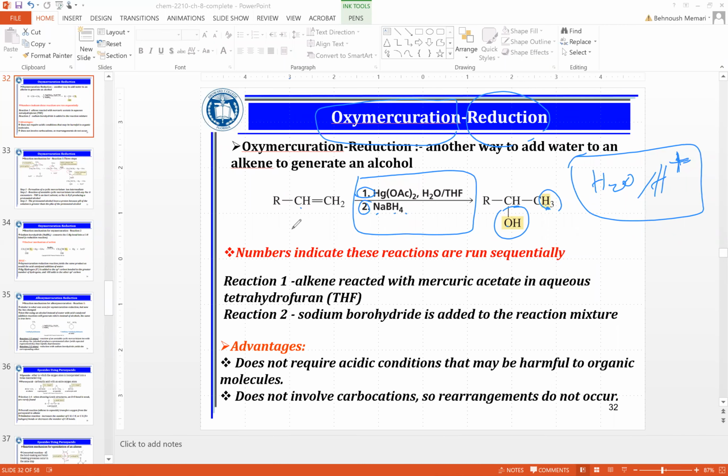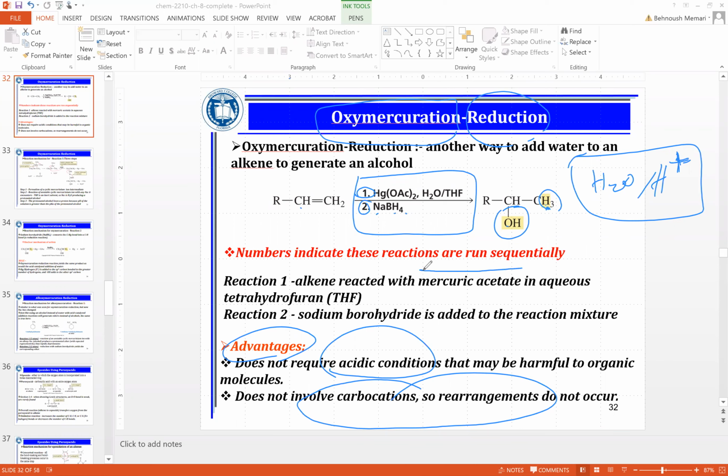So you can say it either way: more number of hydrogens or least substituted, less number of hydrogens or more substituted, it goes together. So in this reaction, the advantage is you don't have to have sulfuric acid in the reaction, and it doesn't have carbocation rearrangement. So there is no carbocation rearrangement. So it's a two-step reaction.